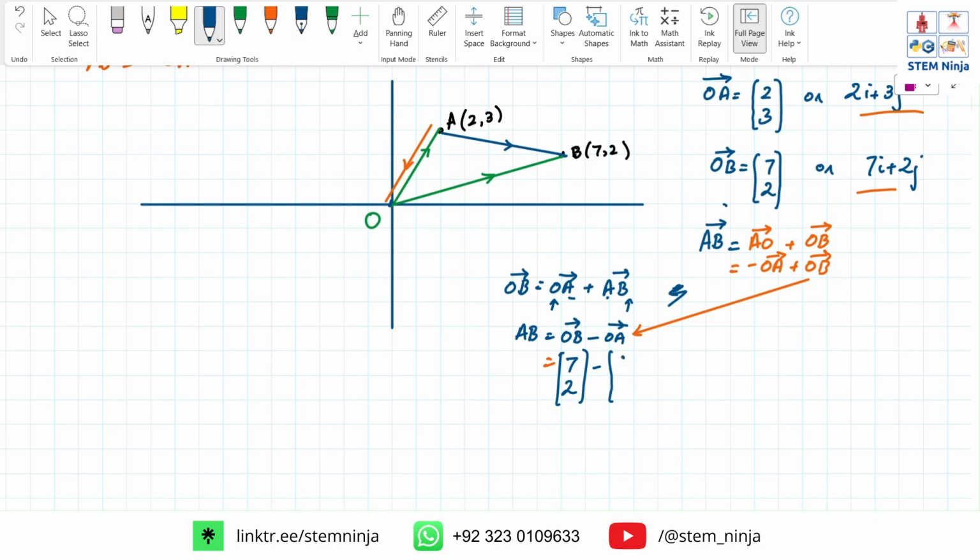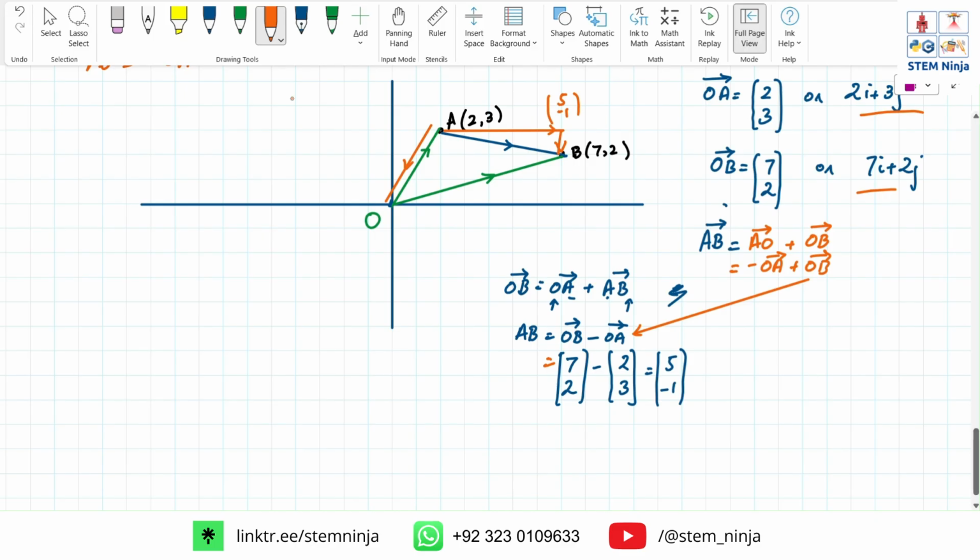And oh, sorry, OA is 2, 3. So the vector would be 7 minus 2, 5, and 2 minus 3, minus 1. And if you notice, 5 units towards the right, 1 unit down, this is exactly what (5, minus 1) looks like.